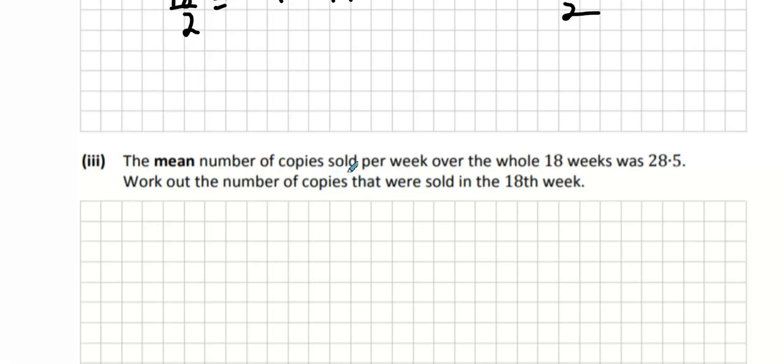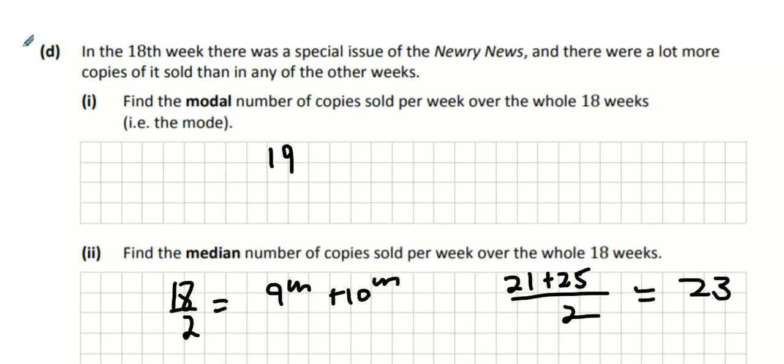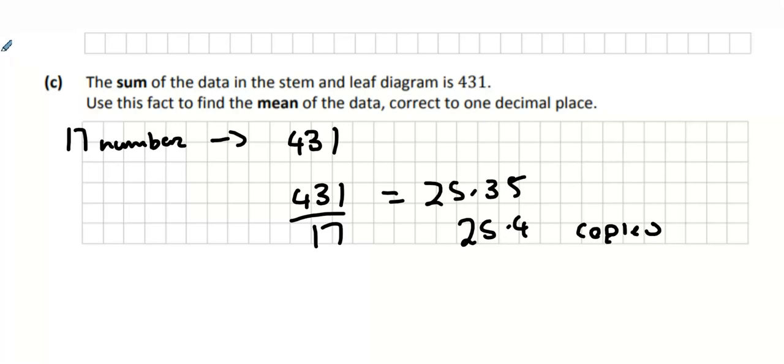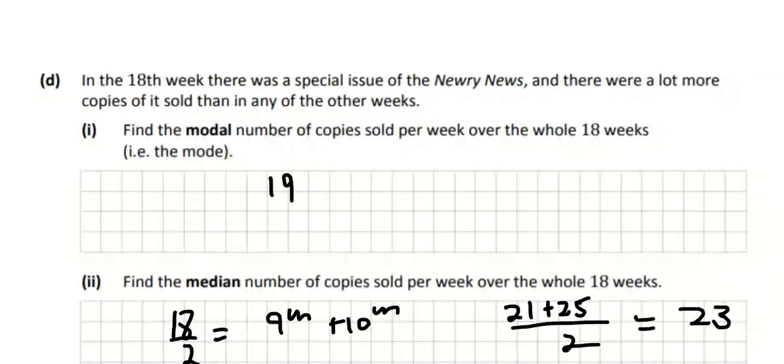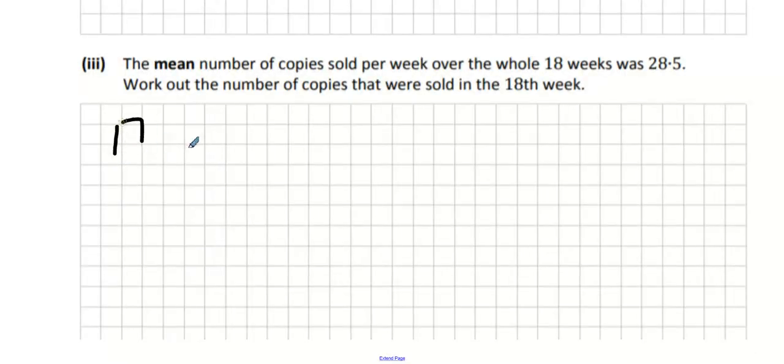The mean number of copies sold that week, the whole week, was 28.5. So we have a new mean. The mean went up. We did have a mean of 25.35. So we were on a total of 431 over 17 weeks. So 17 weeks was 431.